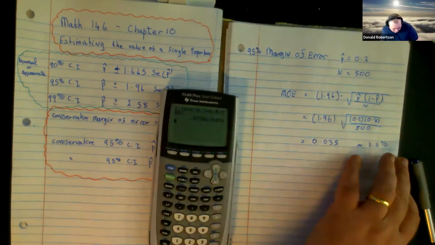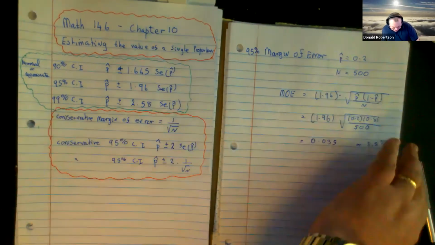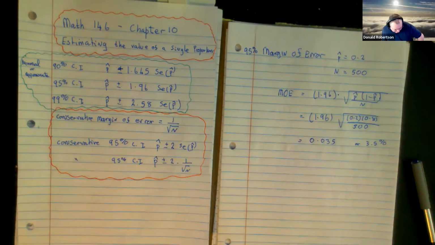So if you were listening to a television program about the primaries and they said, the latest is in, and blah, blah, got X amount of percent, and the margin of error was plus or minus 3.5%.